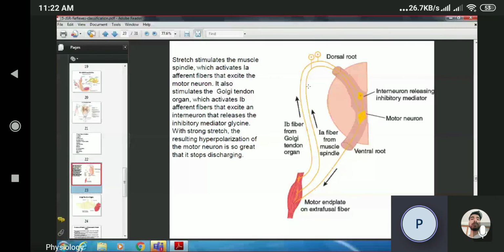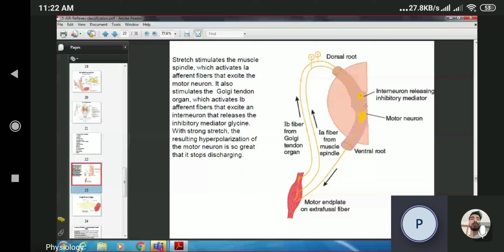It excites the motor neuron. The motor neuron gets excited. It also stimulates the Golgi tendon organ, which activates the 1B. When the Golgi tendon organ is activated, the 1B fiber carries information, and that information excites the interneuron, and this interneuron is inhibitory in nature.